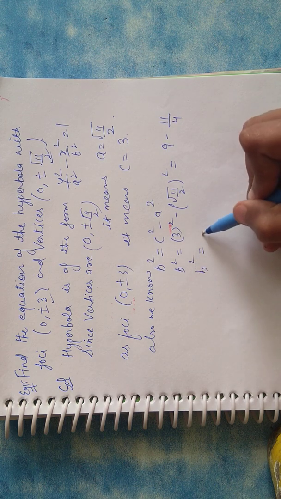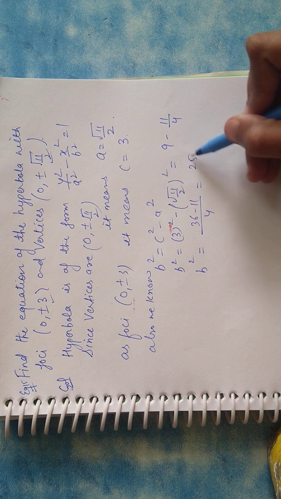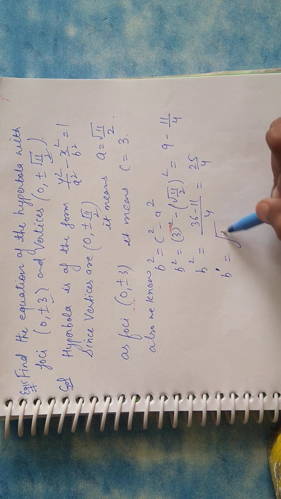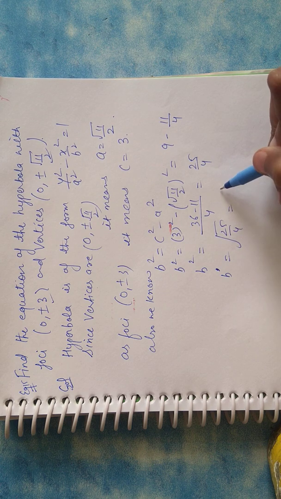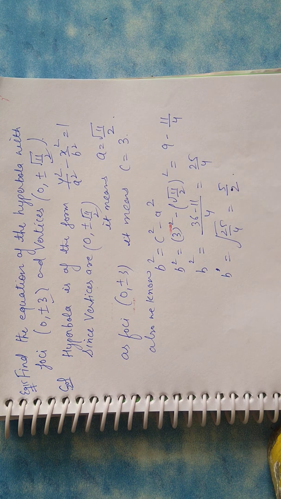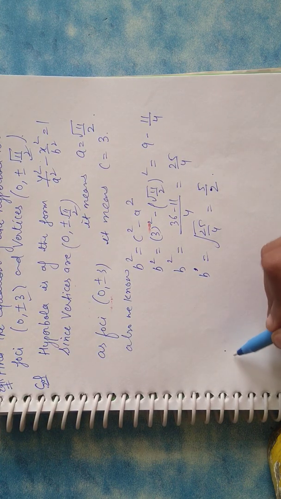If we take LCM 4, 36 minus 11, that is 25 by 4, and b is equal to root of 25 by 4, that is 5 by 2. Clear? Now we have to write the equation.